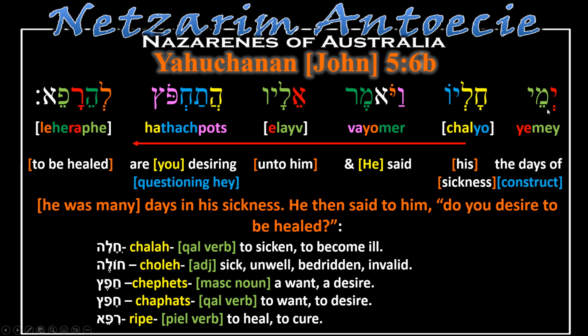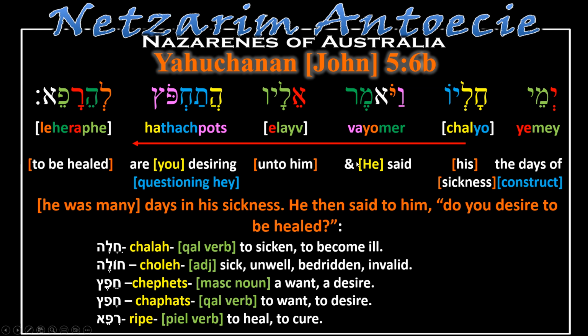So we read it. Yemei, the days of. Now, why is it "of"? Because it's a construct form with a zera and the yod at the end. It's construct. And then we have chalyo, his sickness.